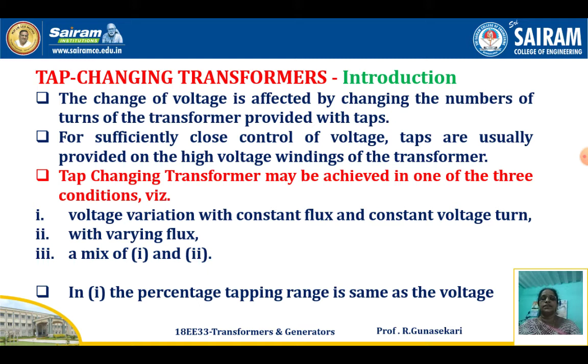The first condition is voltage variation with constant flux and constant voltage per turn. The second condition is with varying flux. The third one is a mix of the first and second conditions. But in the first condition, the percentage tapping range is the same as the voltage.